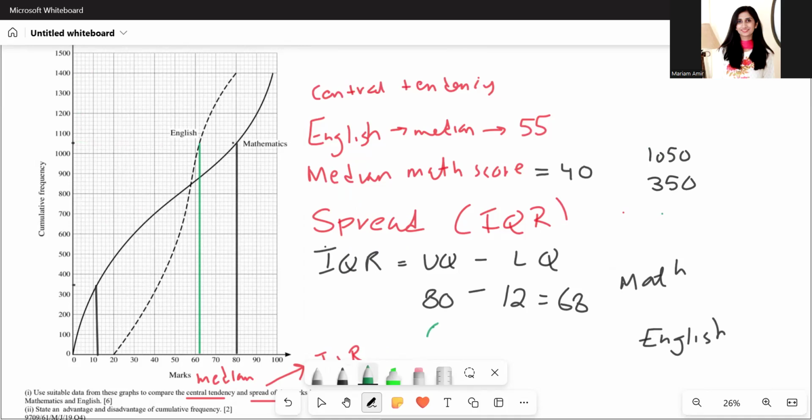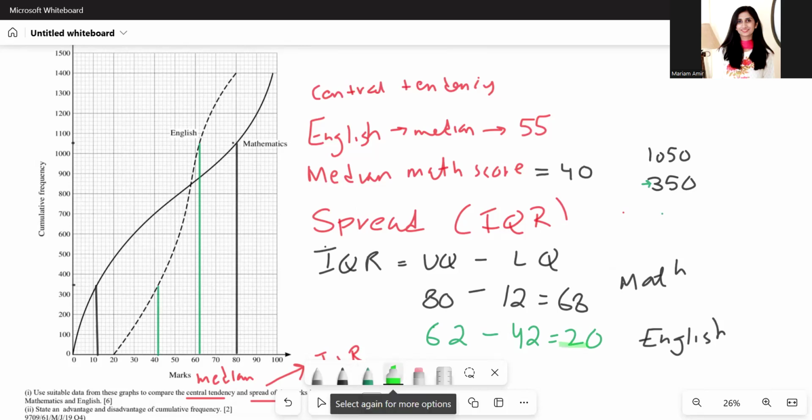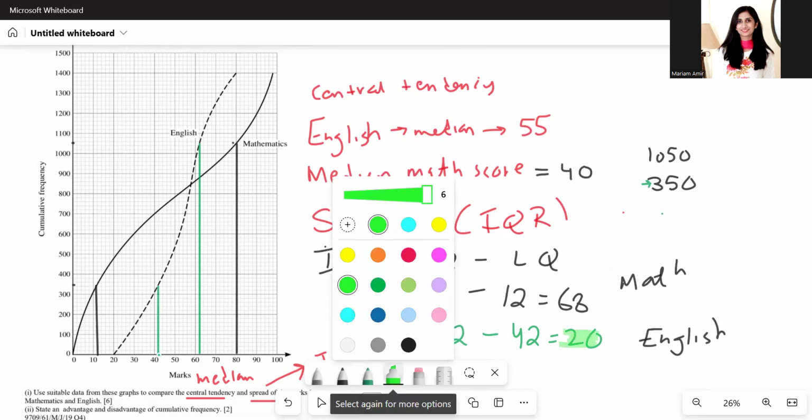So the upper quartile for English is 62. Now let's read the lower quartile. Lower quartile will be found at 350. So go to 350 and read the corresponding x value, which looks like 42. Subtract 42, we get a 20. So the interquartile range for English is 20 and the interquartile range for math is 68.